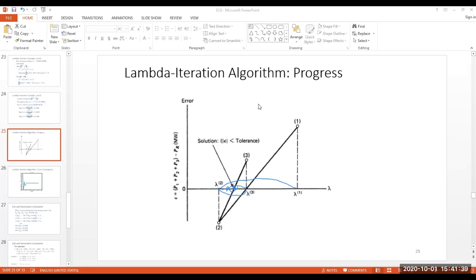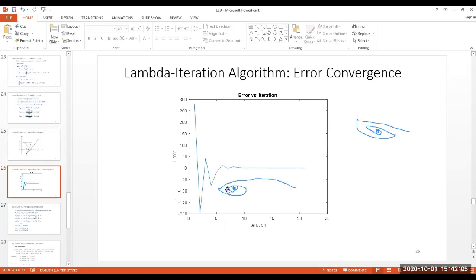The drawing is very difficult, but this is how it goes on. Finally it will come down to the optimal point. So it is oscillating from high to low, then back to another high value, then another low value, and finally it will give you the solution. For our example, this is what is actually happening.